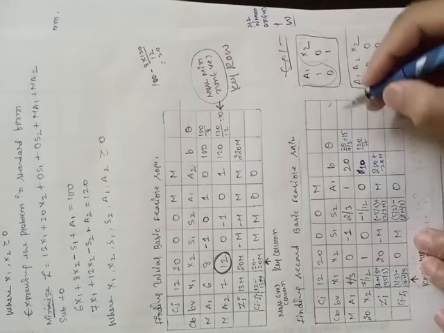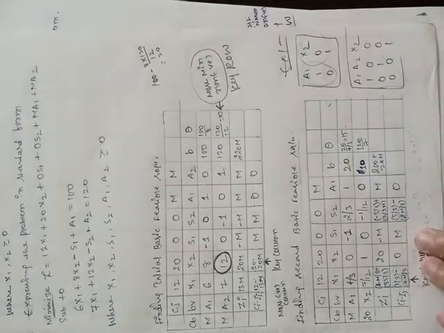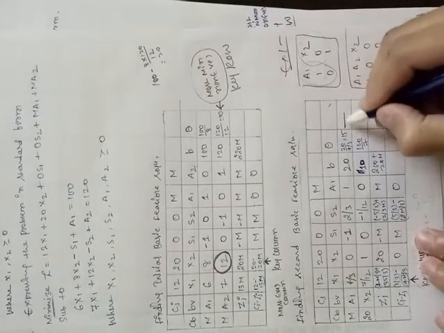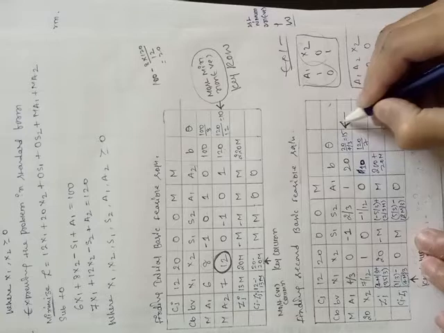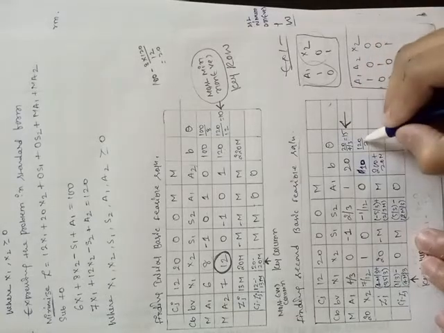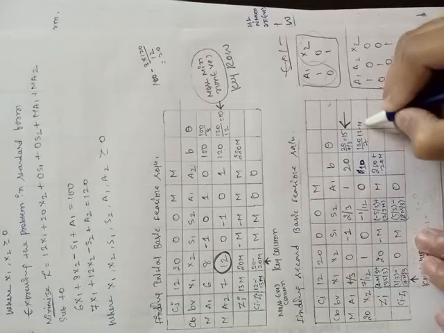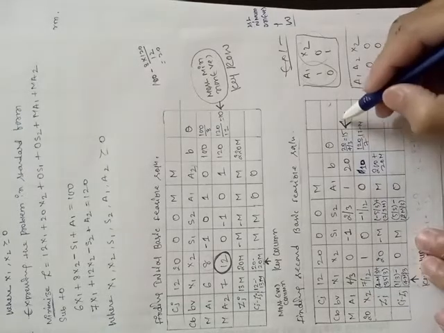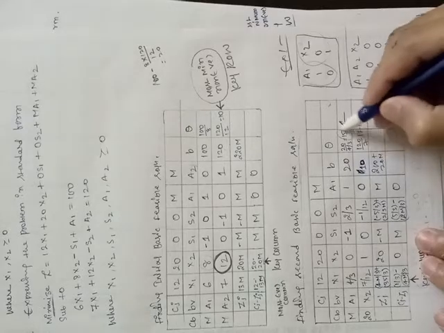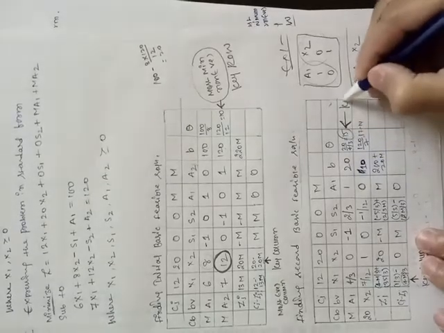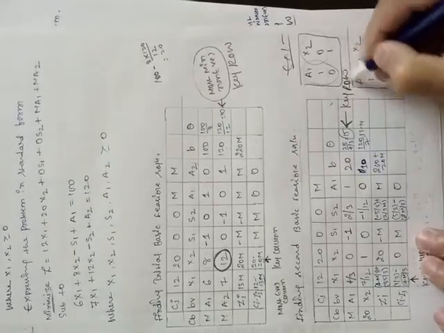Most minimum non-negative value is this one. 15 is the most minimum non-negative value. As you do 120 by 7, that is 17.14. So most minimum non-negative value is this 15. So this is our key row.